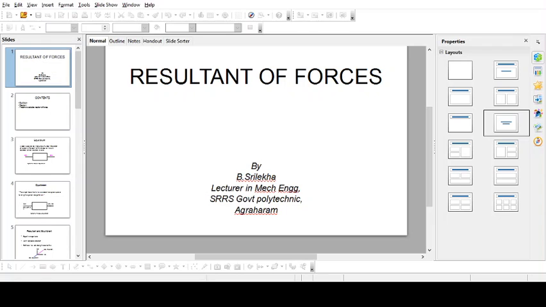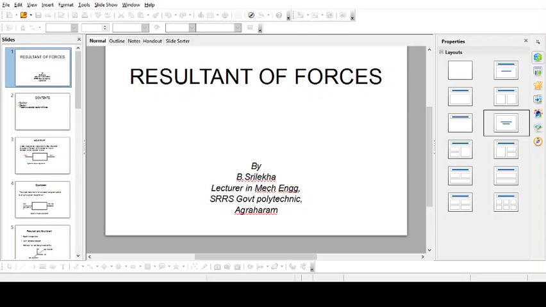The best example for moment of force is opening or closing of a door. We apply a certain force along the perpendicular direction, and that force into this distance is nothing but the moment. So the algebraic sum of the moments of all the forces must also be equal to 0.